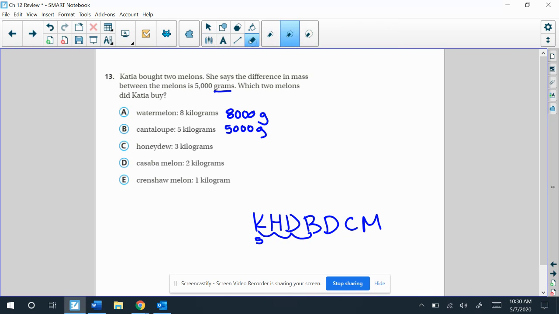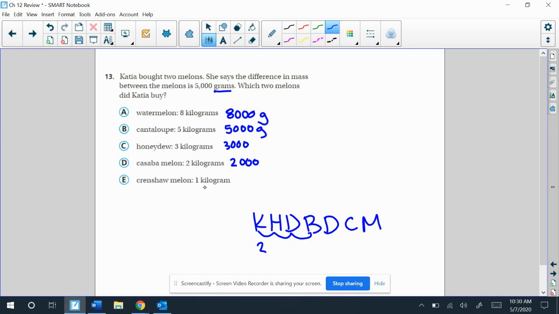All right, next one. If you did not do this, go ahead and finish solving these. I'm going to put a 3 here. 1, 2, 3. Then I'm going to put a 2. 1, 2, 3.